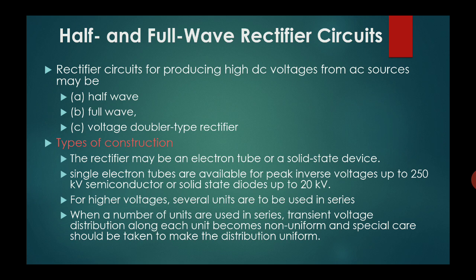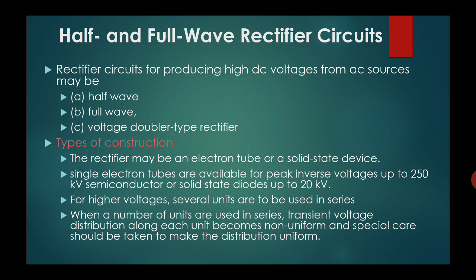So if we use electron tubes, then in the market you will get up to 250 kV, or with solid state diodes you will get 20 kV. This is the peak inverse voltage. For higher voltages, several units are to be used in series.